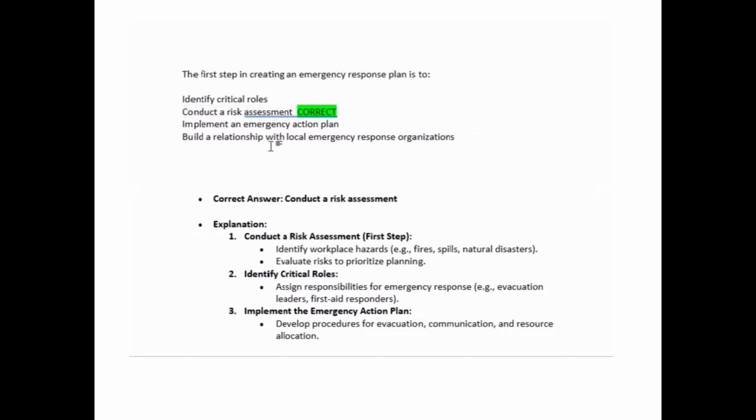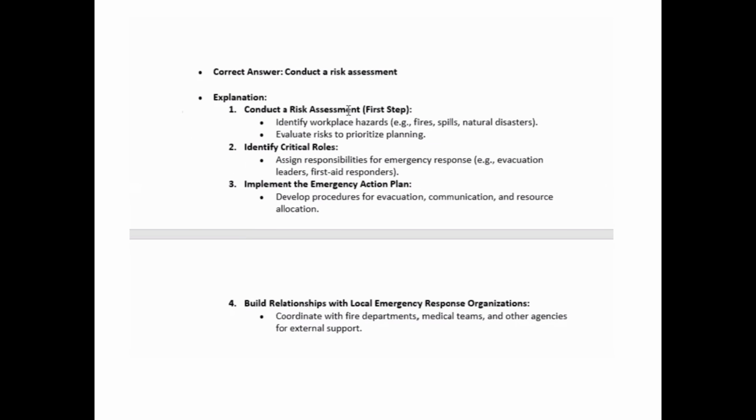Once you identify the hazards like explosions, natural disasters, fire or chemical hazards, then you will understand which needs to be given priority based upon the planning. This is the explanation we have given. First we have to do the risk assessment, then assign responsibilities, identify the critical roles, assign responsibility for emergency response.